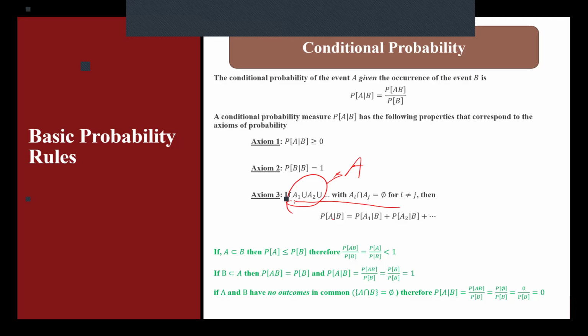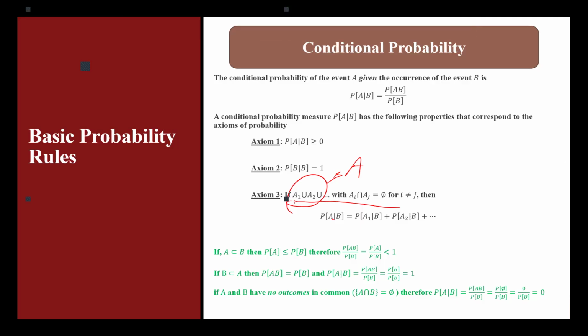Are we good? Now, if A is a subset of B, that means the probability of A conditioned on B is going to be less than 1.